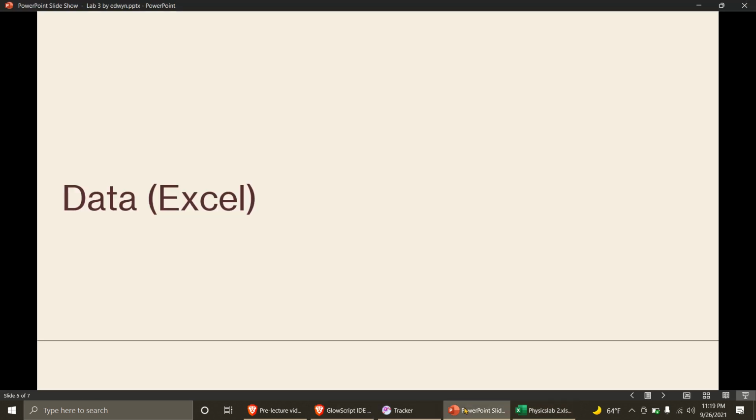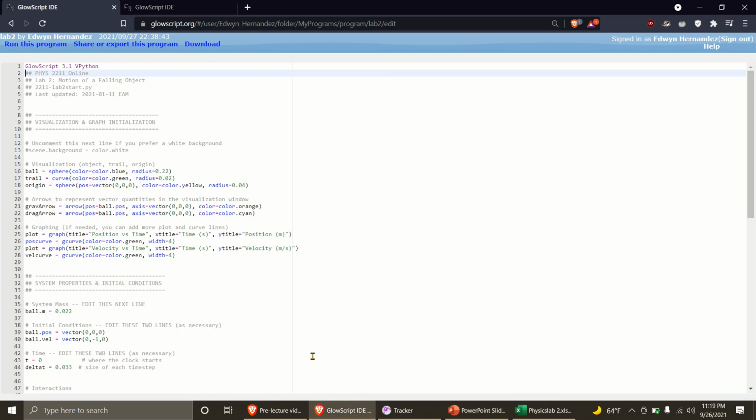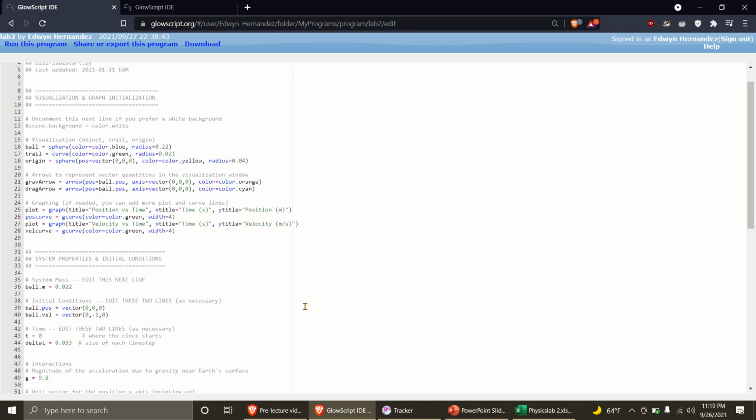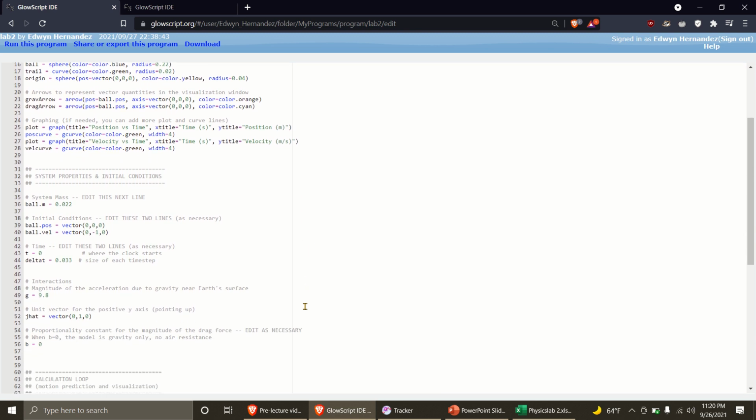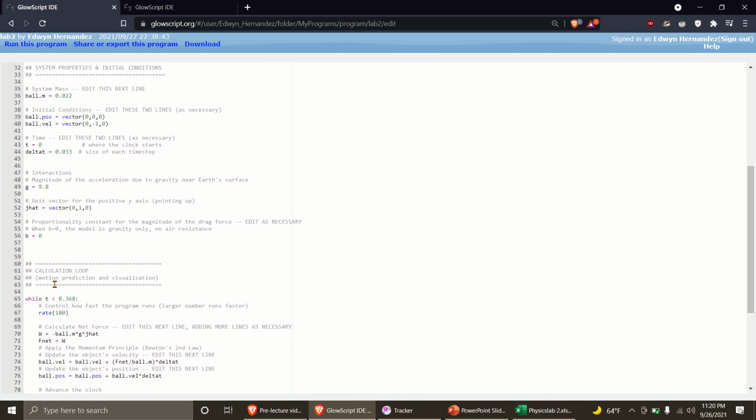And here's the same code as well. Here's the data, and also the code. This is the code for the one without drag. As you can see, I have my j hat b equal to 0, so we can say that there's no drag force, only gravity working upon it.